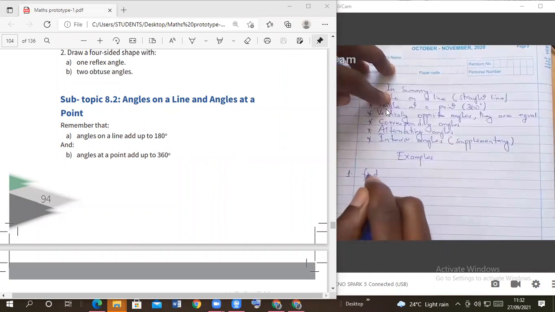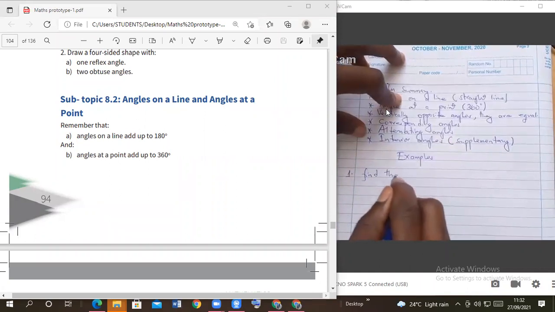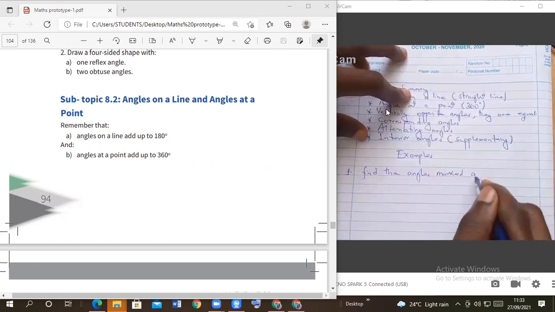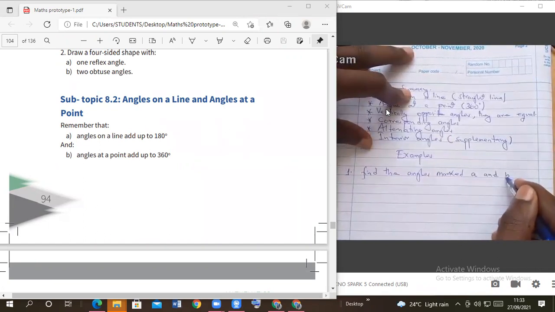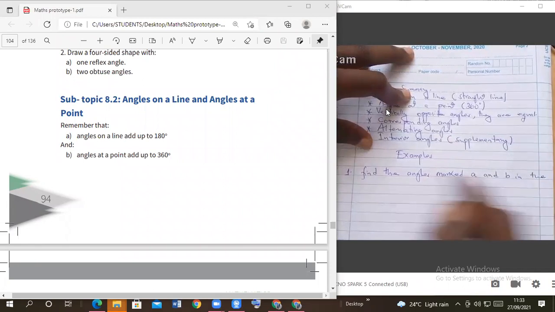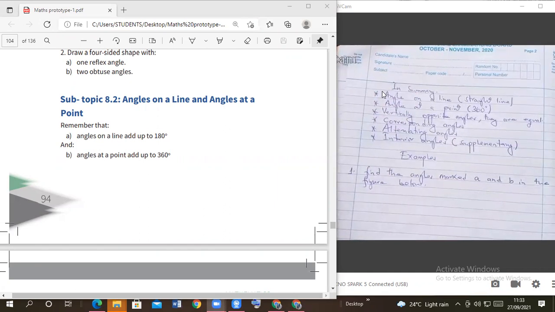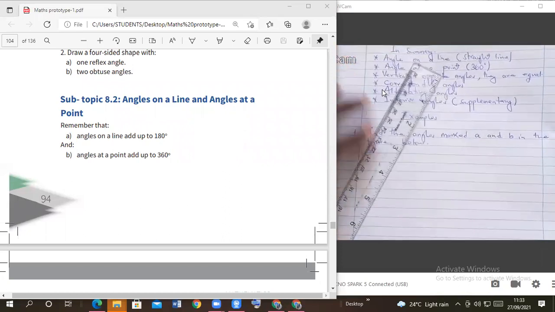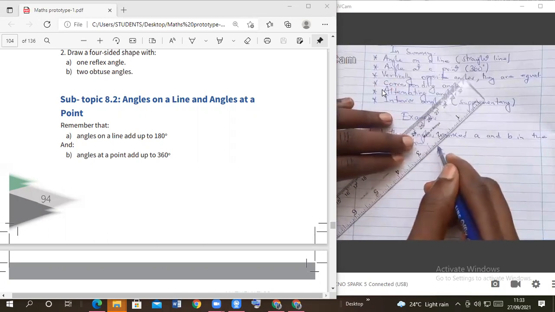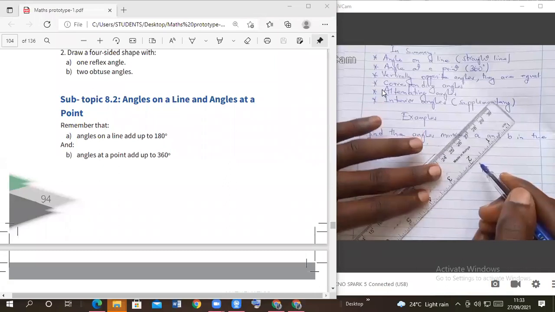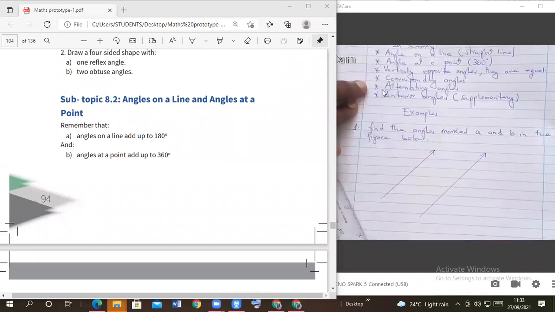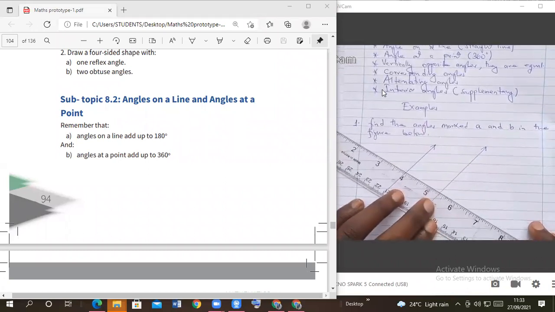They've said, find the angles marked A and B in the figure below. Then start drawing this.